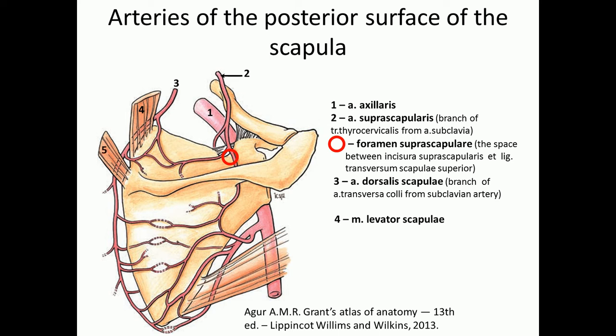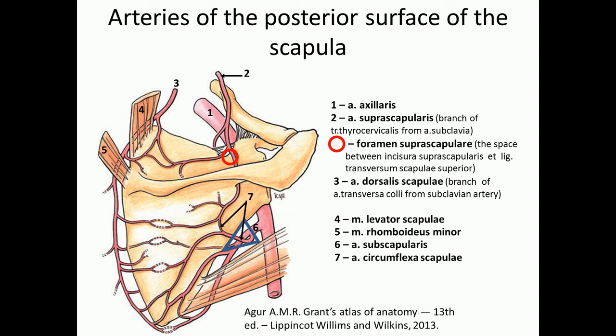And number 4, musculus levator scapulae. Number 5, musculus rhomboideus, here it is. And number 6, here it is, arteria subscapularis. From arteria subscapularis through this trigonum quadrilaterum passes number 7, arteria circumflexa scapulae.